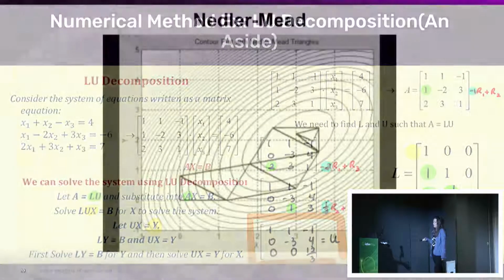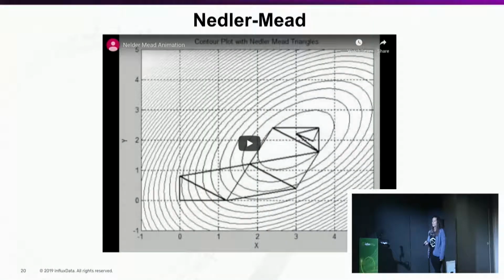And the numerical method that we use for Holt-Winters is known as the Nelder-Mead method. The way that it works is that it places a simplex in that kind of bowl, but in this case it's 6 dimensions, but we'll just think of it as a bowl. And a simplex is just the closest representation of a triangle. So it places this triangle in the bowl, and the triangle's behavior is dictated by a for loop.